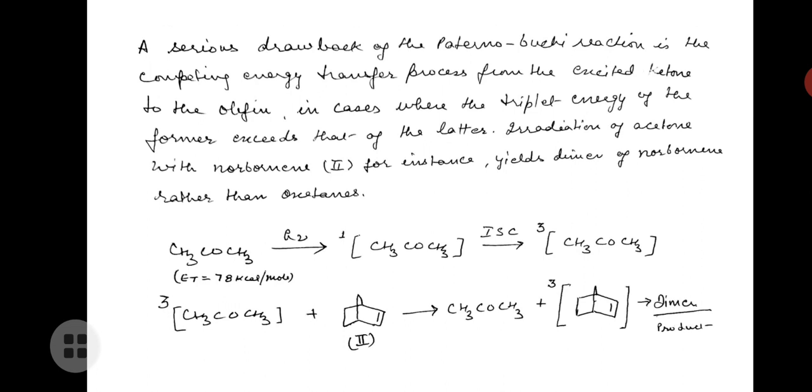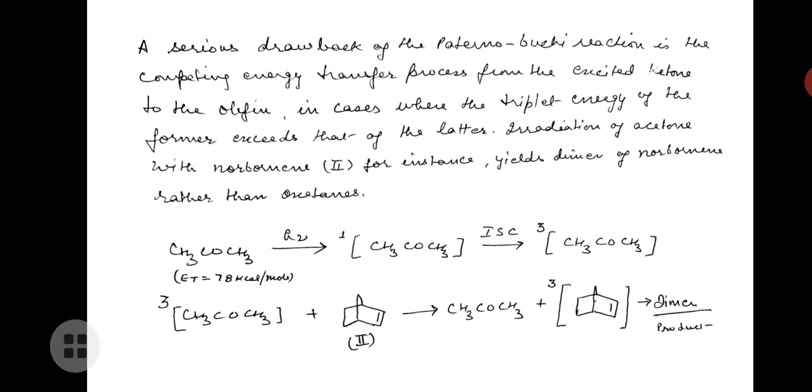Acetone comes back to the ground state, and the triplet excited state of norbornene is formed. Now this triplet excited state of norbornene forms a dimer. So this is the acetone-sensitized photodimerization of norbornene.